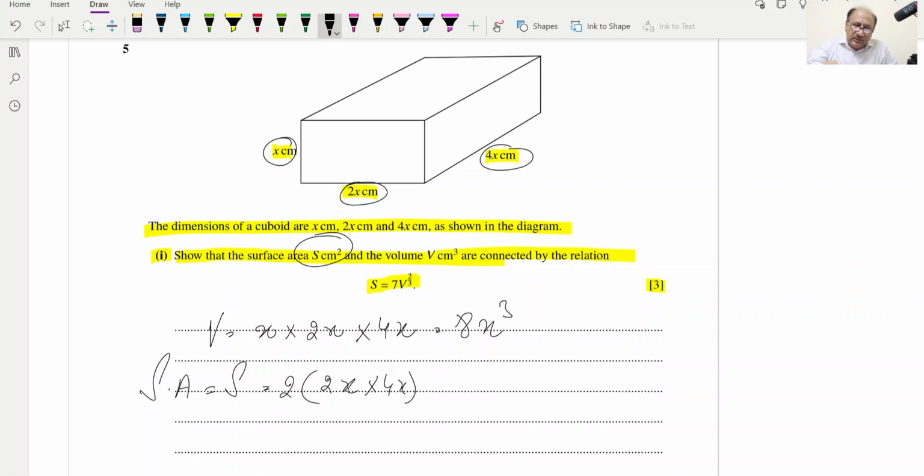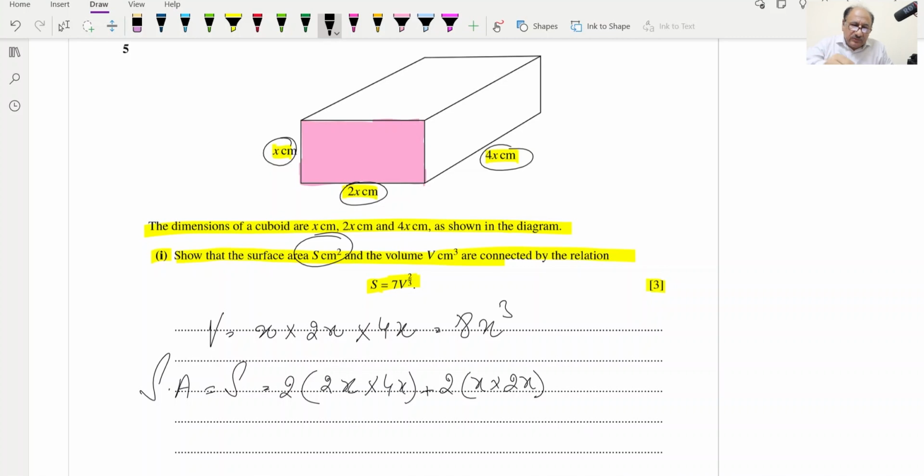Now we can take the front side and its opposite side also. These two sides we can write as x into 2x, so plus 2 into x into 2x.